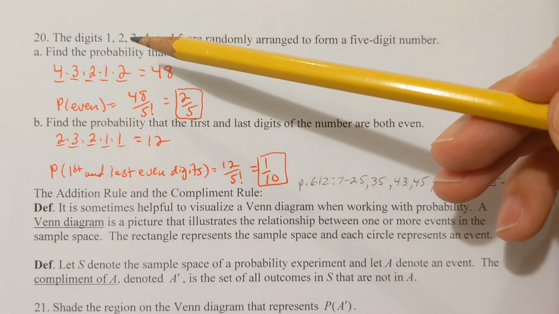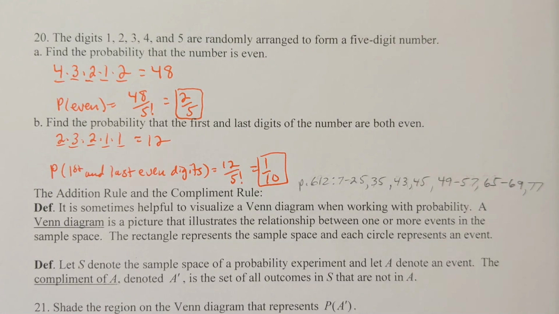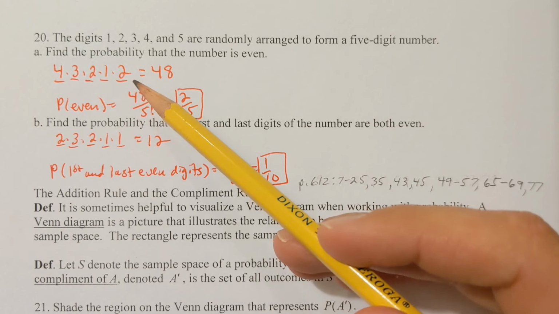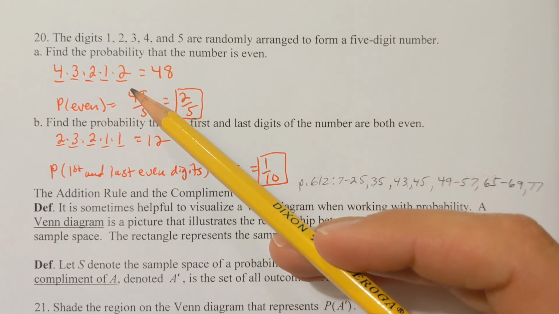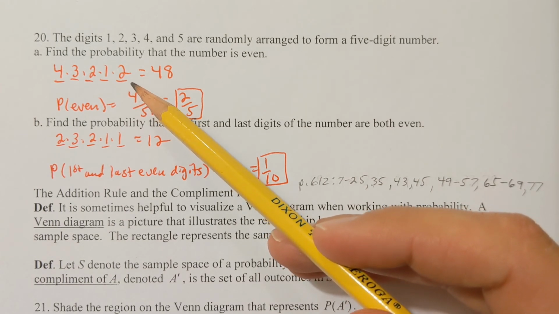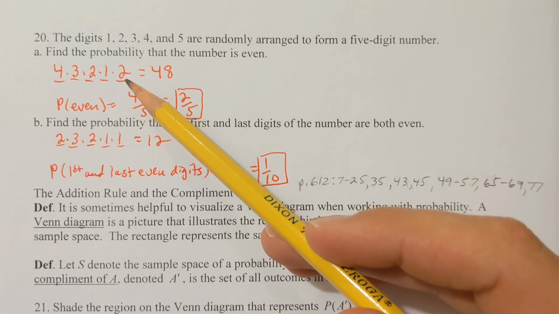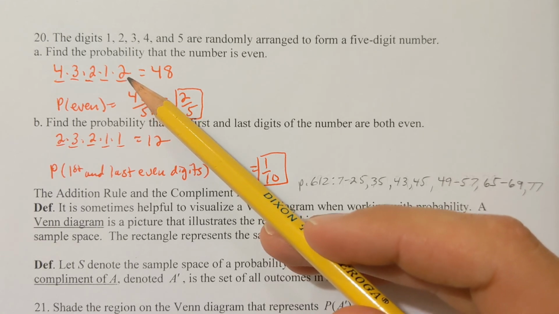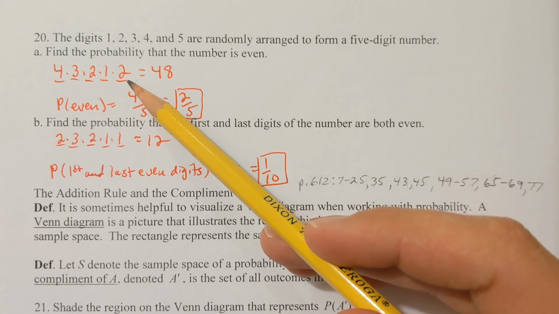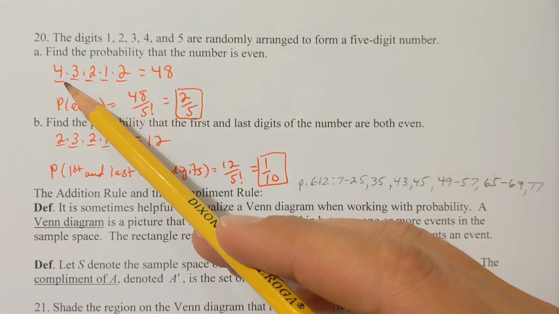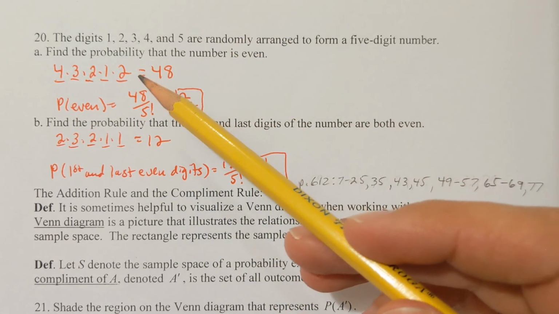Well, again, only 4 and 2 are the even numbers. So the 5-digit number here has to be even, which means that it has to end in either a 2 or a 4. So there's 2 options there. Pick either a 2 or a 4 at the end. And then there's 4 numbers that remain.